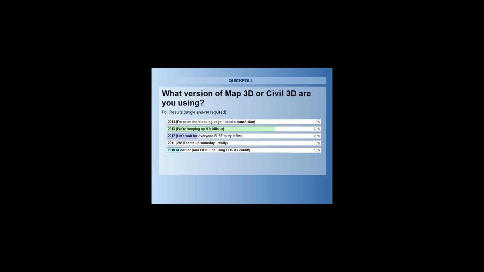If you're on MAP by itself, you will be migrated to Infrastructure Design Suite Standard. You can go to the Autodesk website and see what's in those. It's actually a pretty darn good deal, all things considered, but some of you just can't be bothered with all that, for whatever the reason.